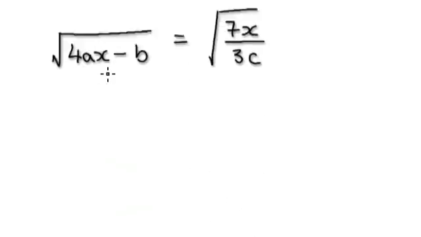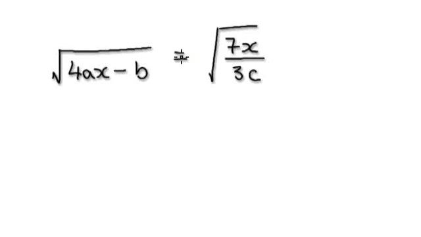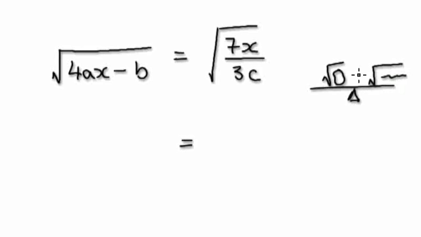Okay, and when you're faced with something like this, so now you've got square roots on both sides, what you can do is times by itself on both sides as well. So you can visualize as this. Over here you've got the square root of some expression, and over here you've got the square root of another expression.